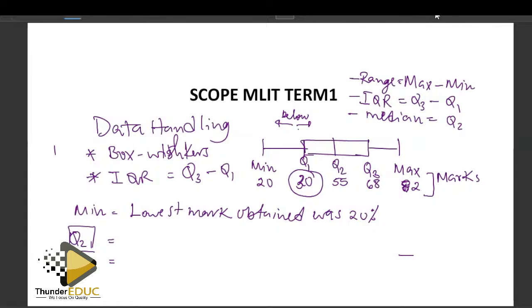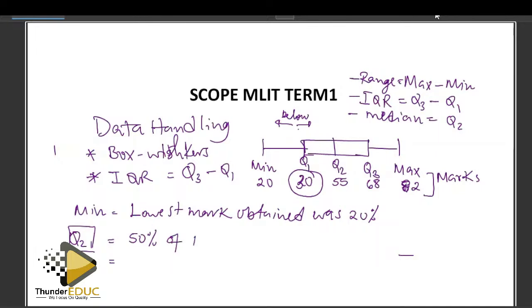I'm elaborating on the values, so we shall say 50% of the learners scored above or below, and here you put the value of Q2, which is 55%.